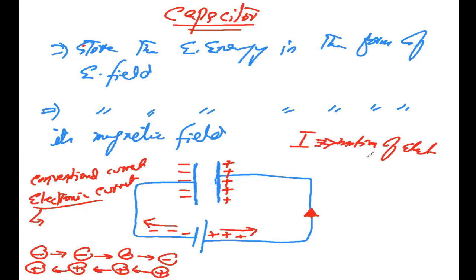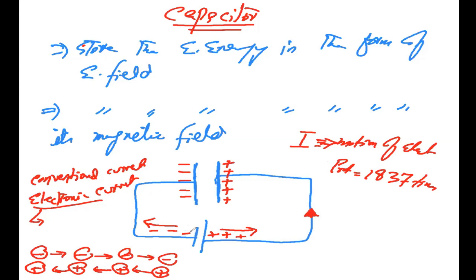It is not the motion of the positive charge, because a proton is about 1837 times heavier than an electron, and it is also inside the nucleus. If you say that it is the motion of protons, that is wrong. But we represent the conventional current like that, and we define it as the current due to the flow of positive charges. Actually, it is the flow of the electrons.